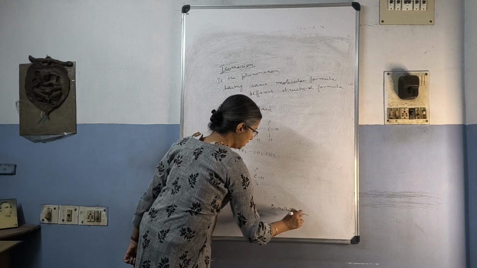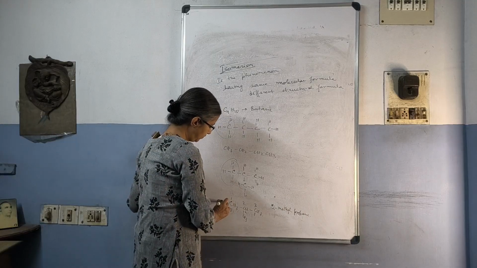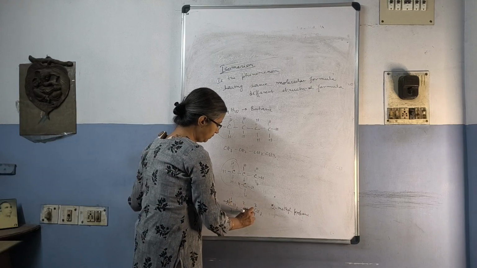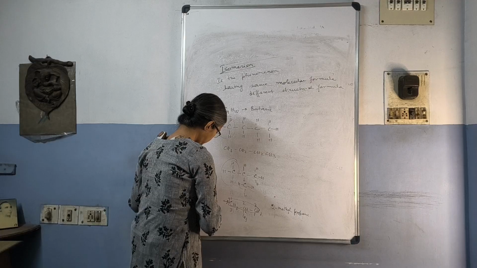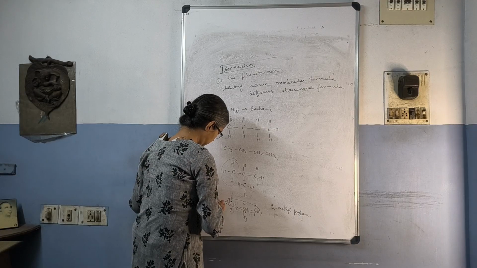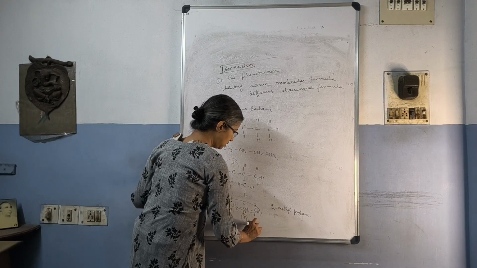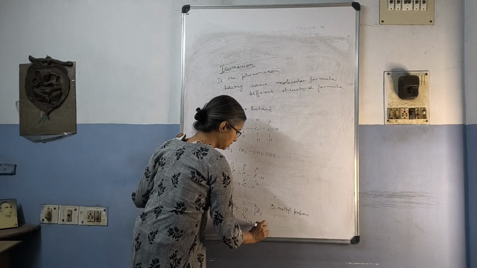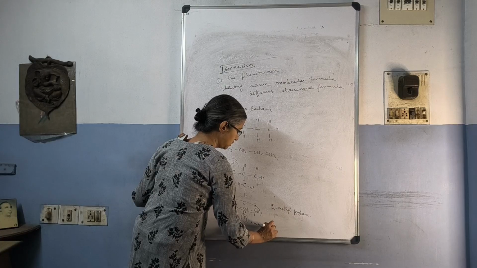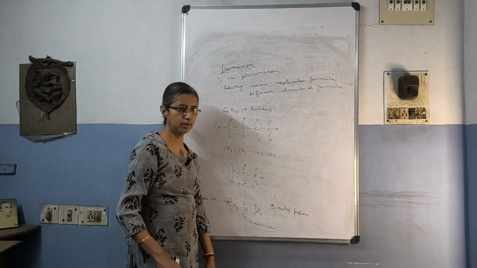Actually our motto is to get the lowest number in the substitution. This is the main chain. This is called the main chain. And this is the substituent. So we get the name 2-methyl propane.